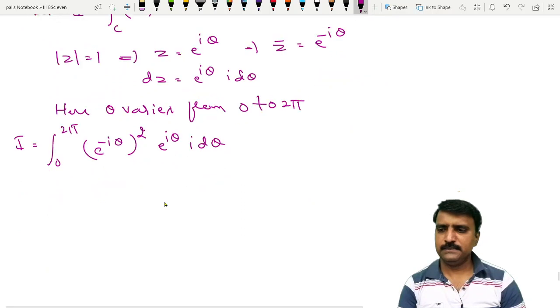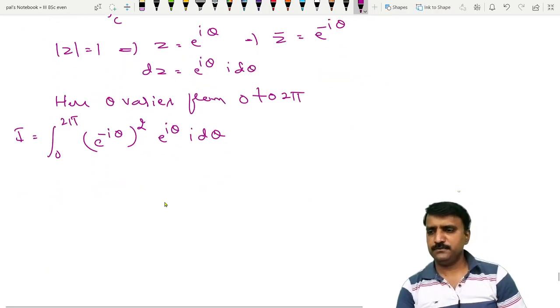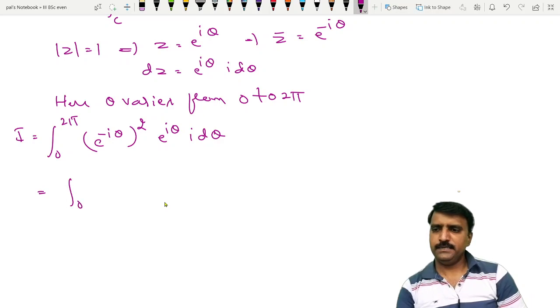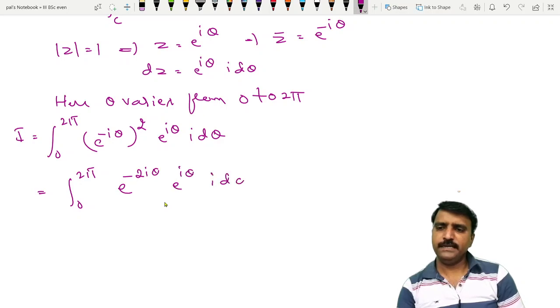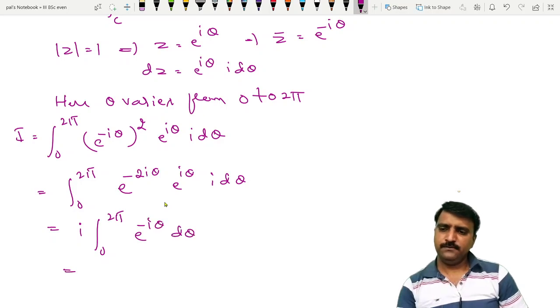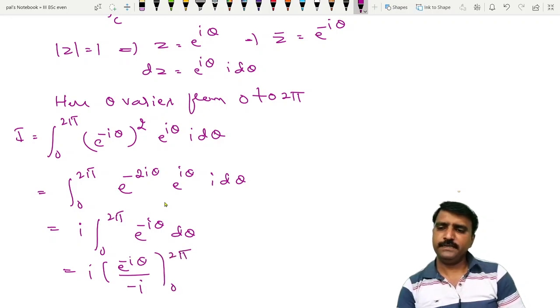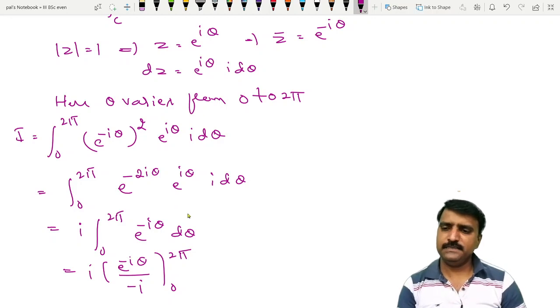Simplifying this, which is equal to integration from 0 to 2 pi, e power minus 2i theta into e power i theta into i into d theta, which is equal to, you take i outside, integration from 0 to 2 pi of e power minus i theta d theta, which is equal to i into the integration of e power minus i theta, which is e power minus i theta by minus i with respect to theta, with limit 0 to 2 pi.